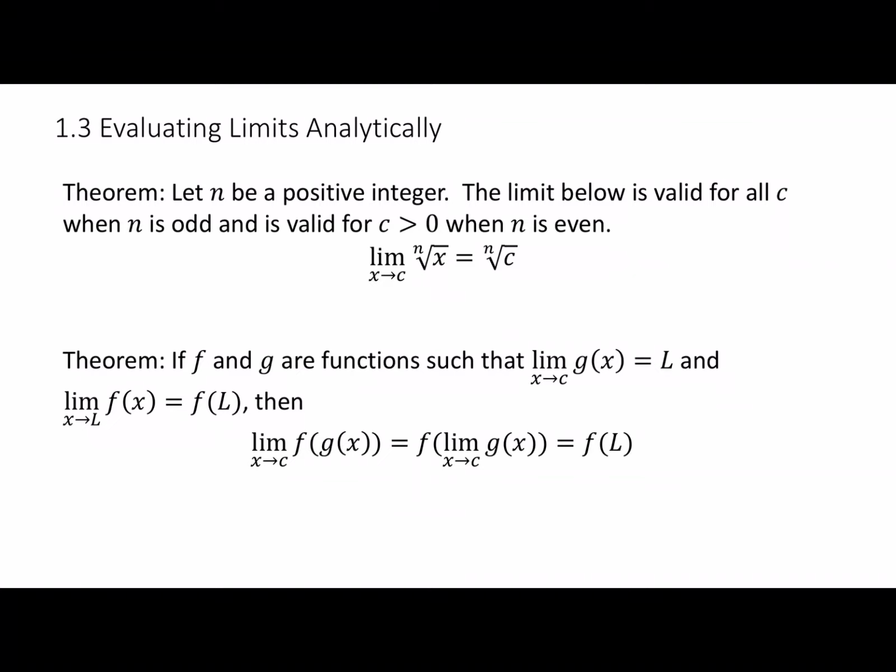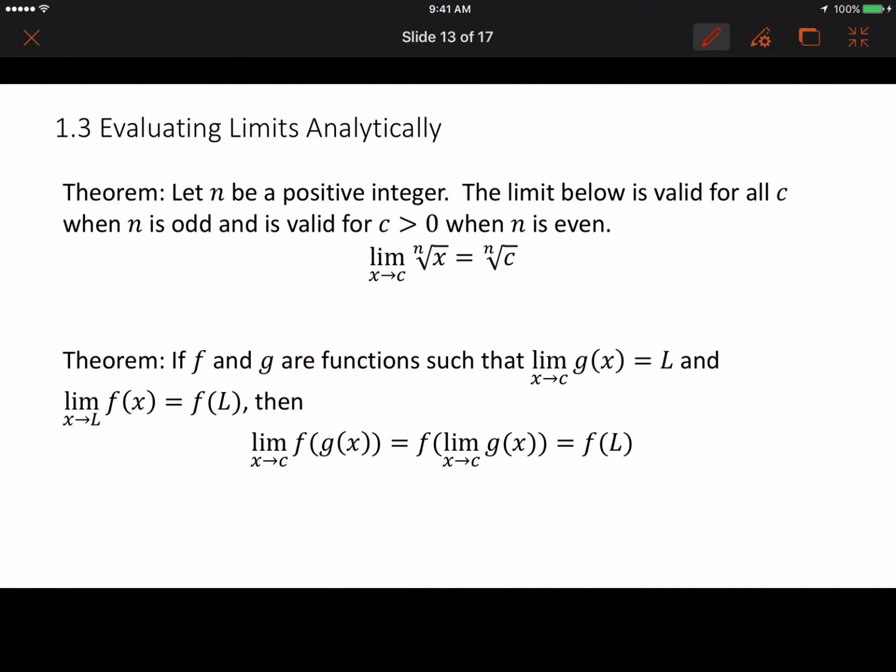This next theorem tells me that if I compose functions, if I want to take the limit of the composition of functions, I can take the limit inside. So if I know that the limit as x approaches c of g of x is L, and the limit as x approaches L of f of x is f of L, then the limit of f composed with g of x as x approaches c, I can pull the limit inside.